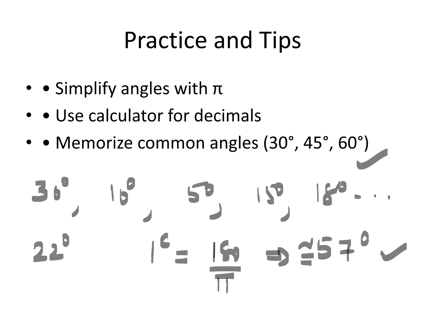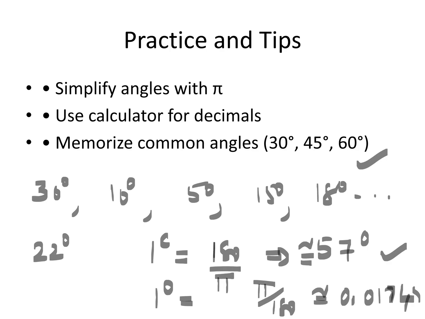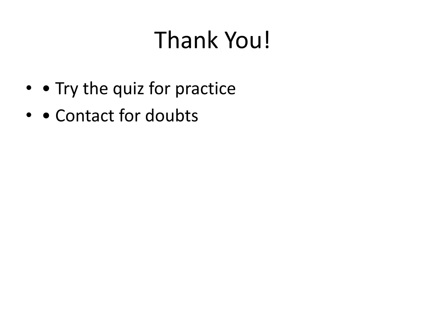Similarly, 1 degree means pi by 180, approximately 0.01745. So this is the approximate value of a degree in terms of radians. Sometimes these may be useful while solving the sums.